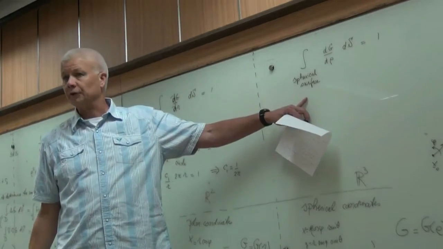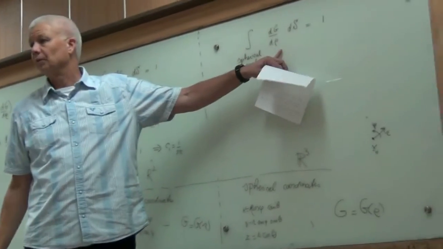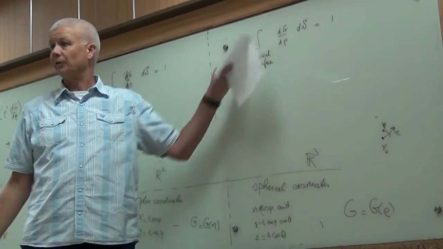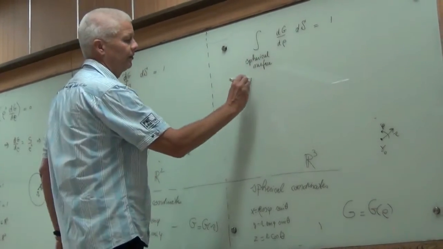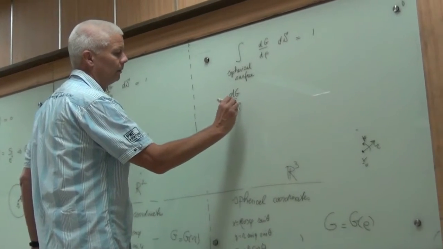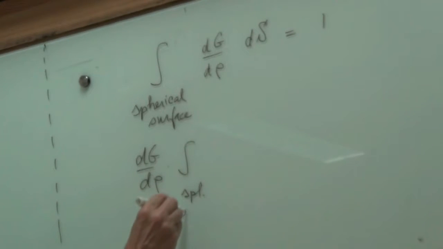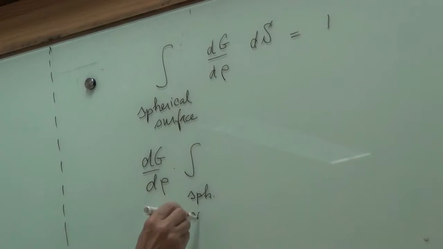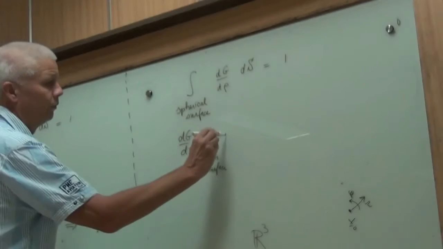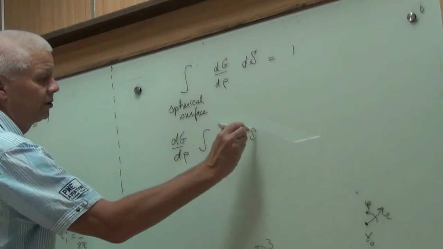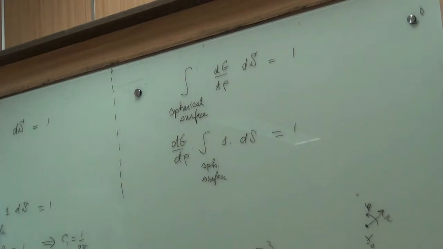Over the spherical surface, dG/dρ is not varying, it's constant, so I can take it out again. So I will get dG/dρ times the integral over the spherical surface of 1 times ds, and that should be equal to 1.